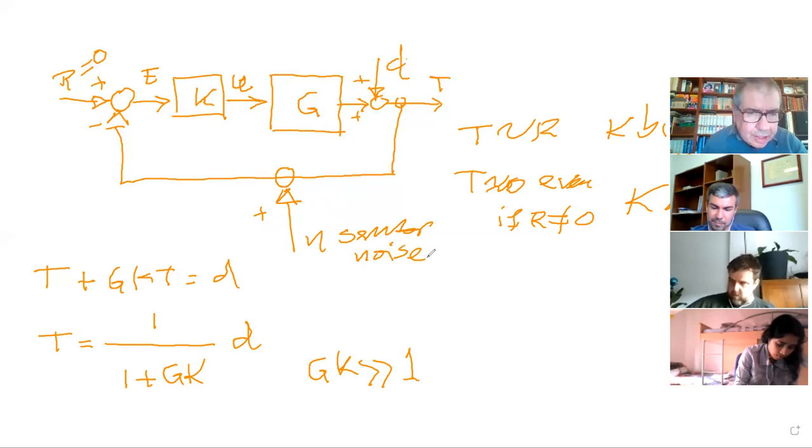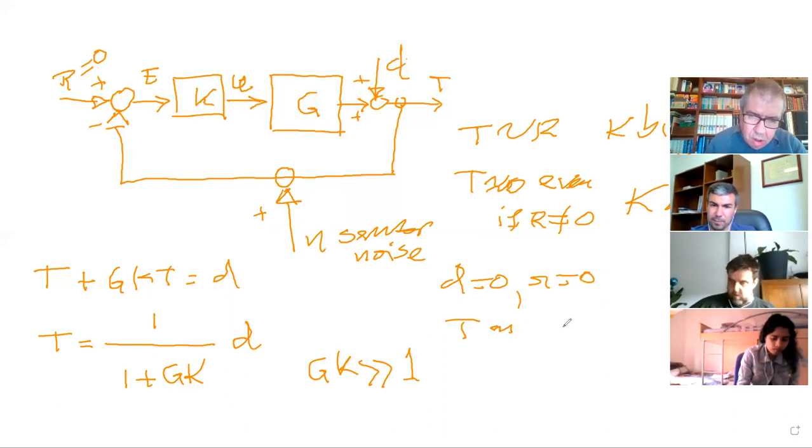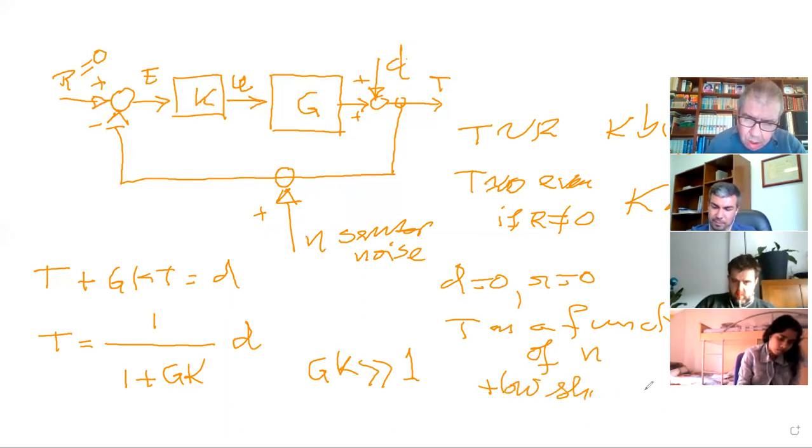Okay, so what is T, assuming that D is 0 and R is 0? What is T as a function of N? And how should K be?